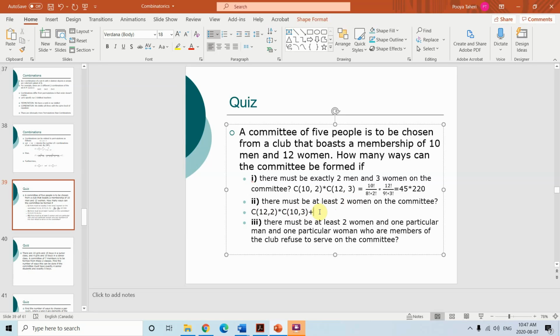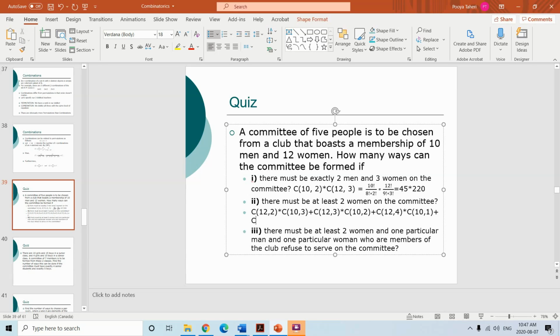But we can also have 3 women and 2 men. We can also have 4 women and only 1 man. And finally, we can have 5 women and no man. So this is going to be 1, but I'm just going to write it as it is.